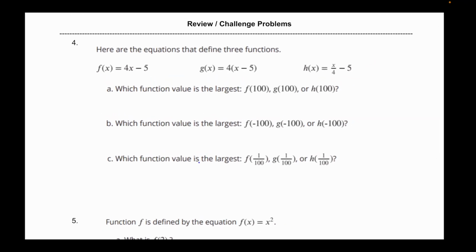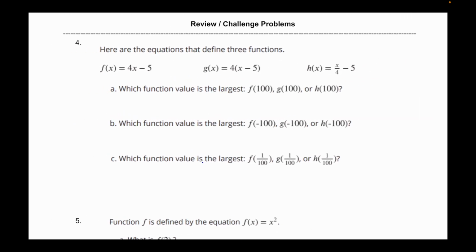So I'm going to say over here, what did we have for our first result? Our first result was that f of 100 was the largest.